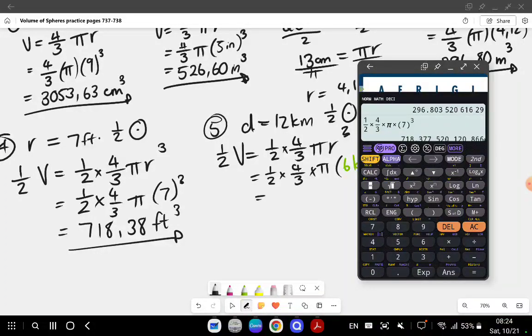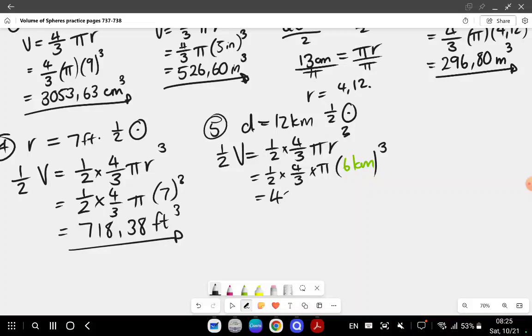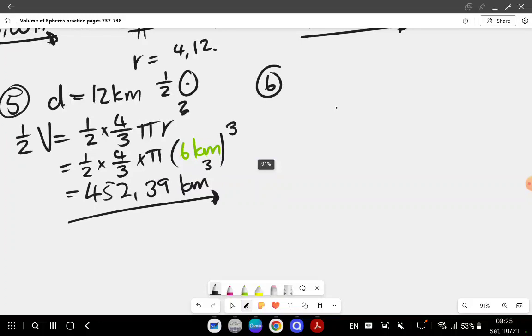I'm going to change that 7 to a 6. 452.39 kilometers cubed.